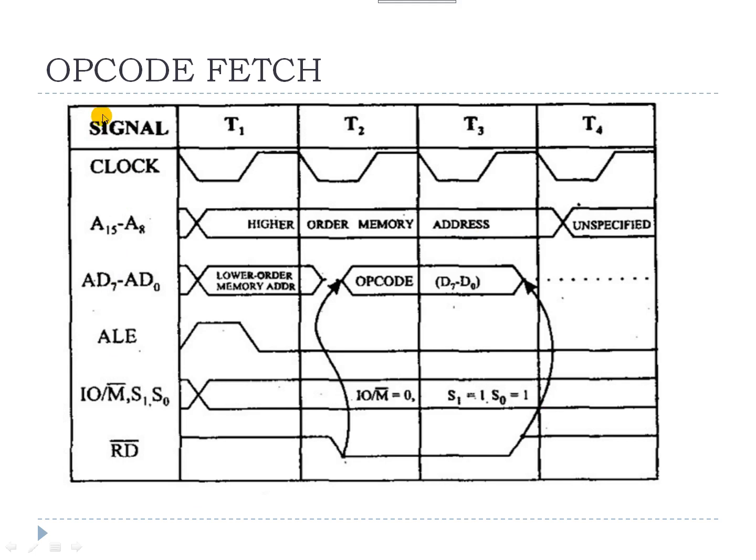If you are having the opcode fetch, you will be having 4 T cycles. Each and every T cycle has the low and high of the clock. So you can draw this, and after the clock you have to draw the address lines. First you have to draw the higher part of the address line and the lower part of the address line, and you have to draw this ALE.